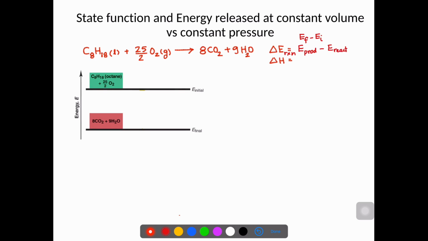Okay, and as you can see here, your octane and oxygen carry higher internal energy than your products. So since the products have lesser energy, delta E here is going to be negative. And what does negative delta E mean? It means energy is released. So think about it. How do high energy reactants go to low energy products? They have to get rid of their energy.